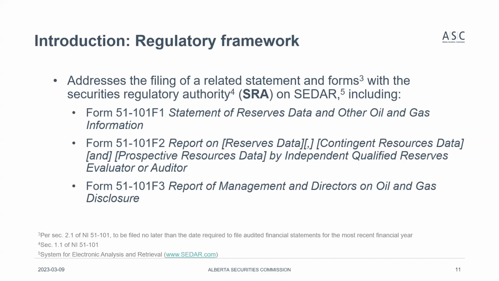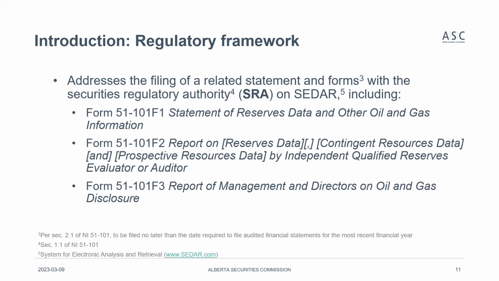This includes the three main ones we'll touch on here: the Form 51-101F1, the Statement of Reserves Data and Other Oil and Gas Information. And then we have two reports, the F2 and the F3.